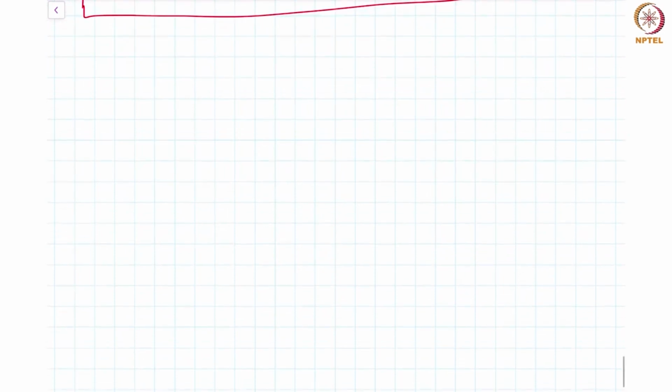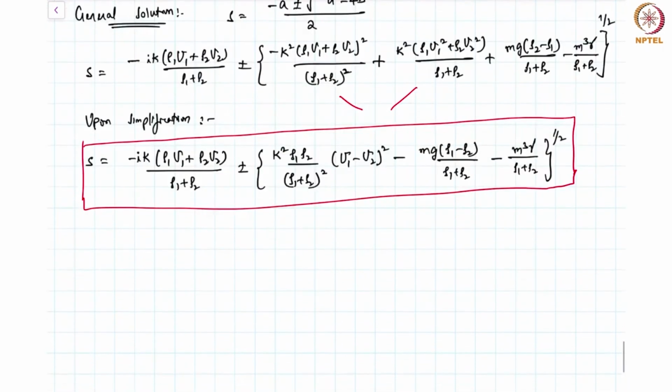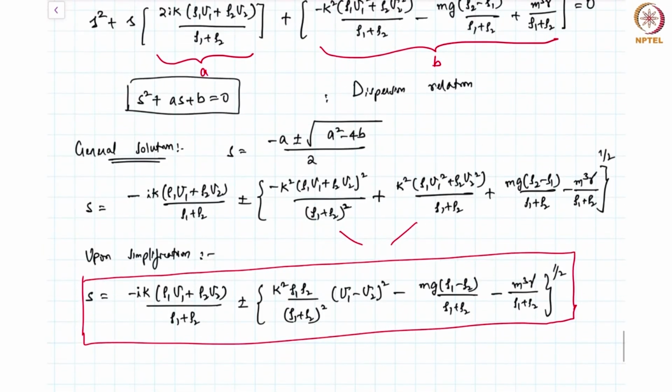So what we have is a quadratic equation, s square plus as plus b. And the way we have done this is, the dispersion relation is s square plus as plus b equal to 0, and we are looking for a simple solution of this for various cases.